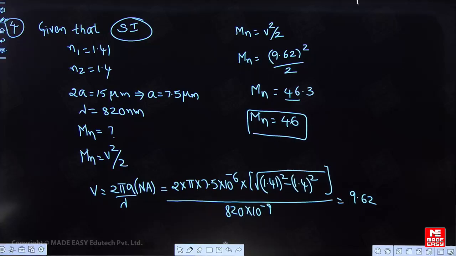Find the index at the midpoint on the radius, that is r is equal to a by 2. Midpoint on the radius, that is r is equal to a by 2. Please solve the question, all of you.